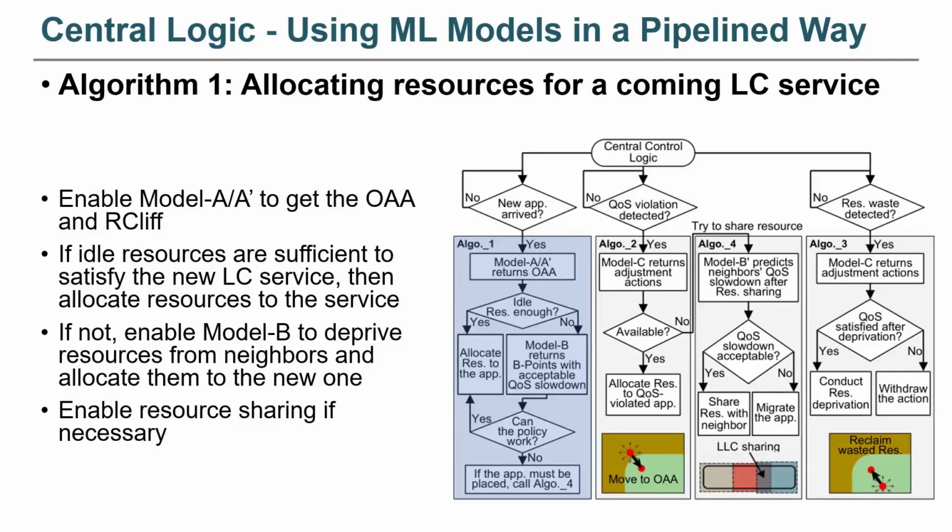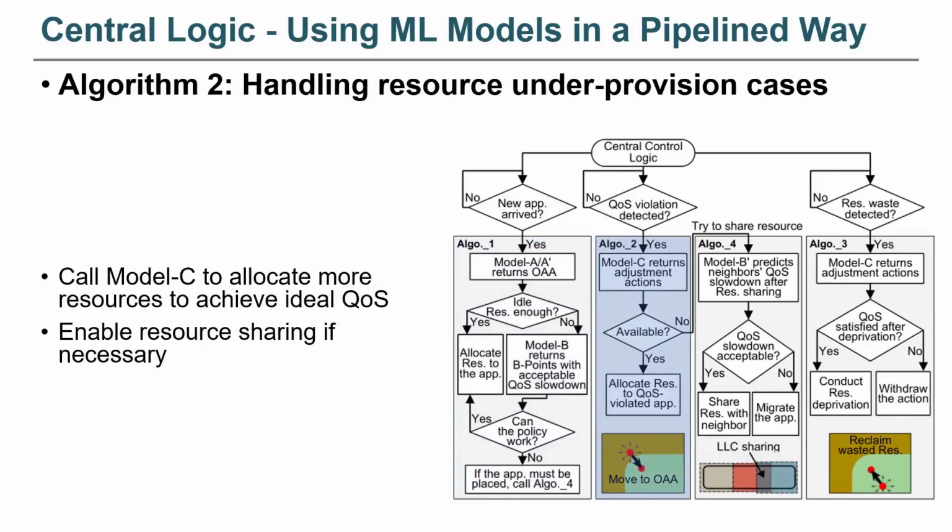If idle resources are sufficient to satisfy the new LC service, then allocate resources to the service. If not, enable Model B to deprive resources from neighbors and allocate them to the new one. If the resources are still not sufficient, the scheduler enables resource sharing by calling Algorithm 4. Algorithm 2 handles resource overprovision cases.